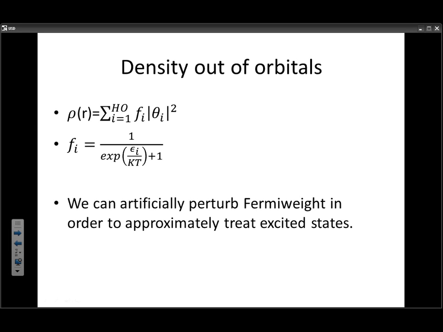Electrons are particles with half-integral spin, and they must obey the Pauli exclusion principle. And Fermi-Dirac distribution applies to electrons. So we can write the density in such a form. It's the sum of a set of one-electron orbitals times Fermi weight.